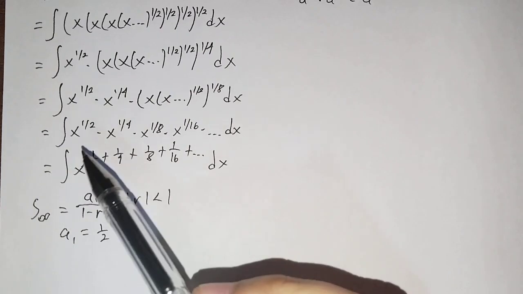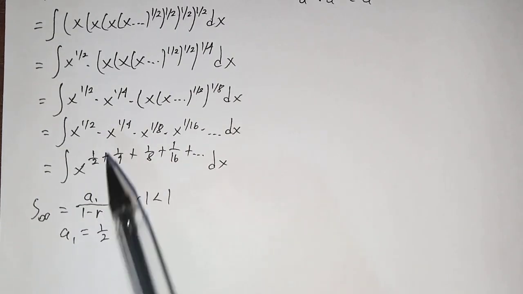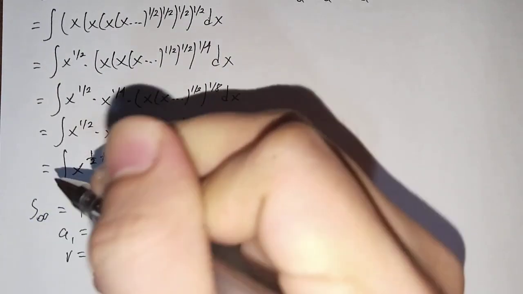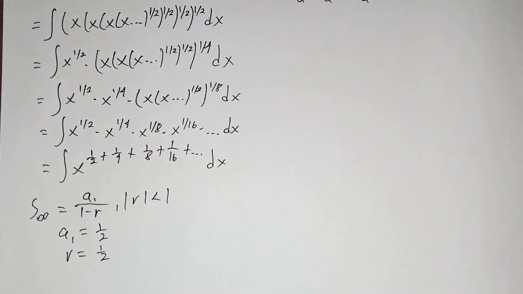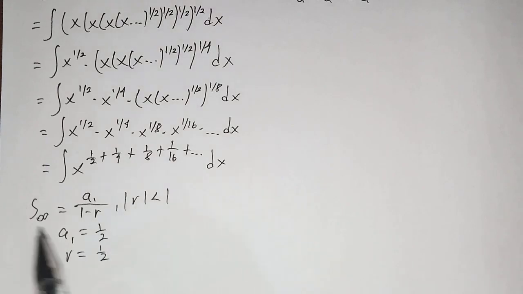That's our first term in our infinite geometric series. And then our common ratio here, which is r, is also 1/2. And since the absolute value of r, which is just 1/2, is less than 1, this means we can use this formula.